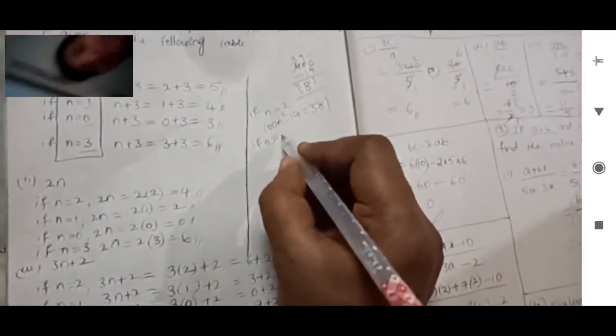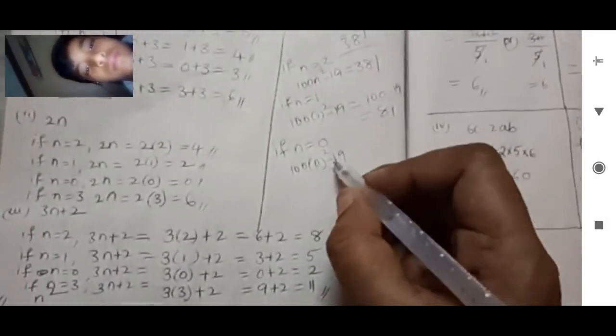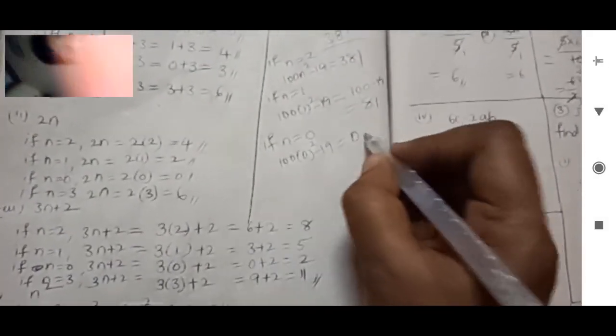And if n is equals to 1, we have to take 100 into 1 square minus 19, equals to 100 minus 19, 81 will come. If n is equals to 0, 100 into 0 square minus 19. 100 into 0, 0, yes? 0 minus 19, minus 19 is the answer.